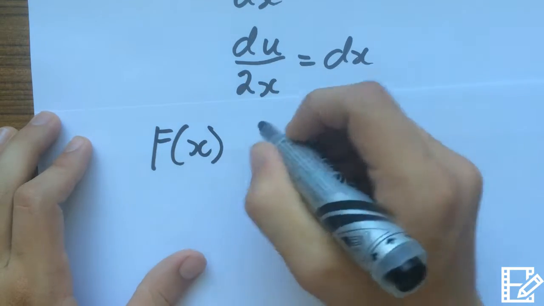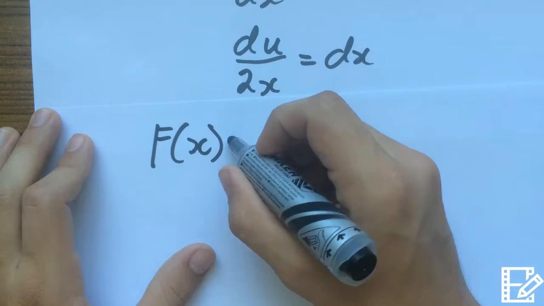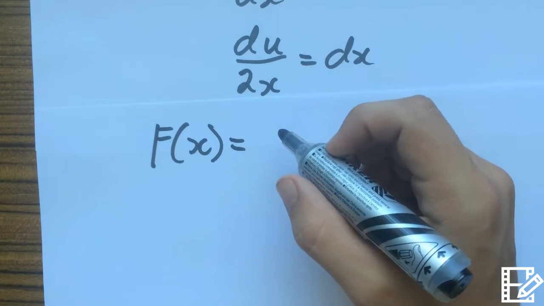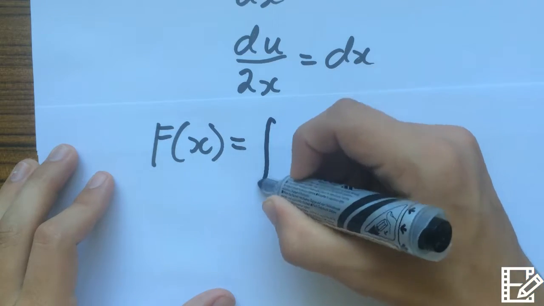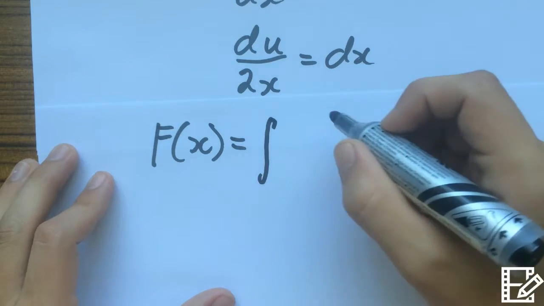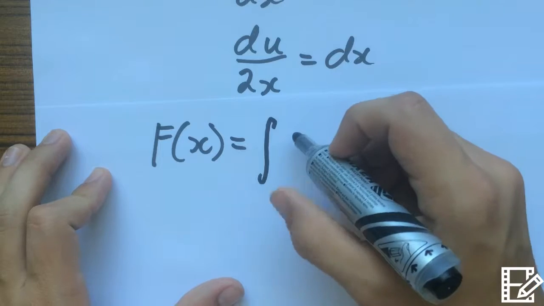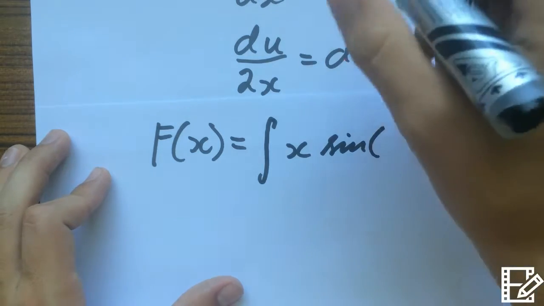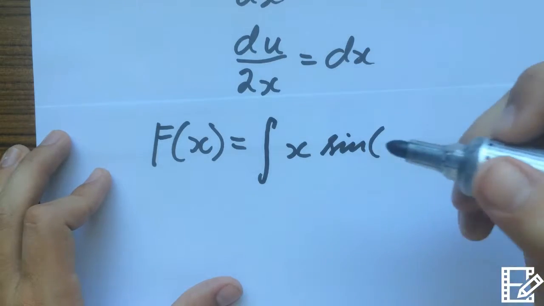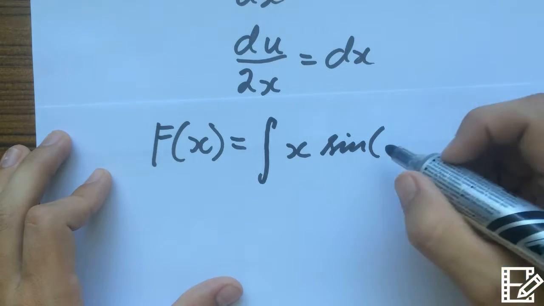So let's rewrite this. Capital F to show that it's the antiderivative. The integral symbol, and then x sine, and we said x squared was u.